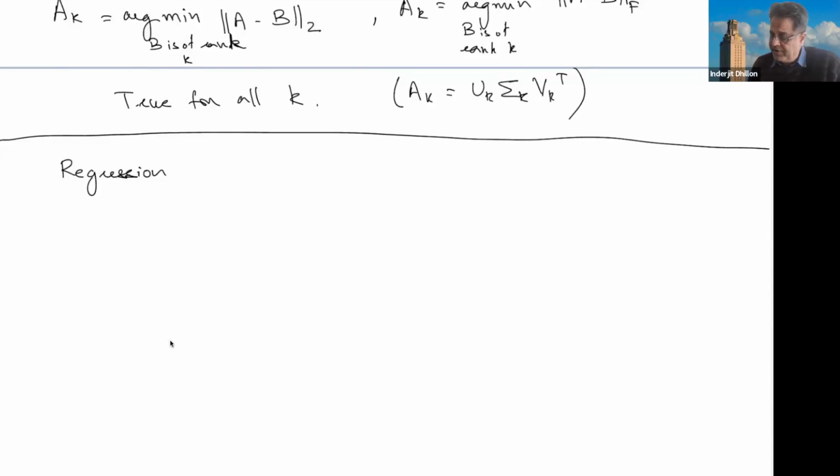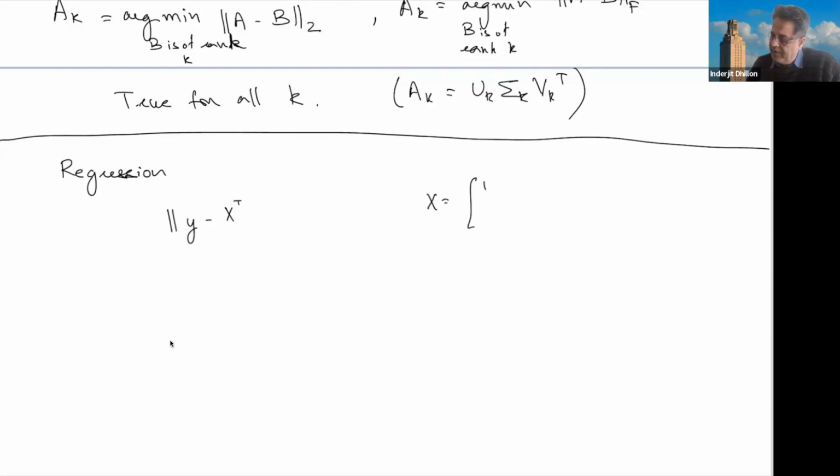So remember, regression is the problem where you have this training data, xi, yi, and based on that, I can form the vector y and the matrix X transpose.